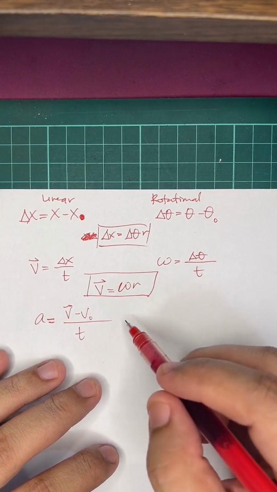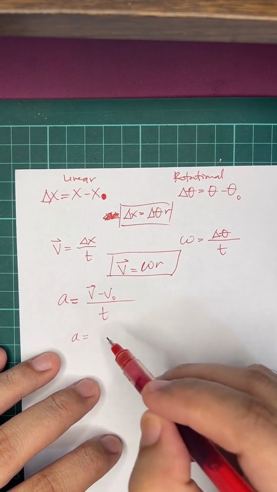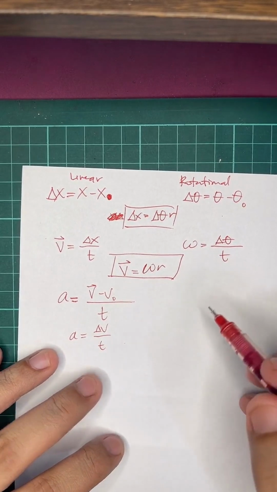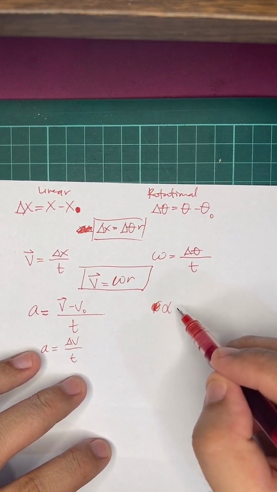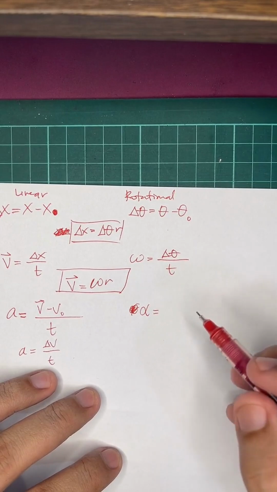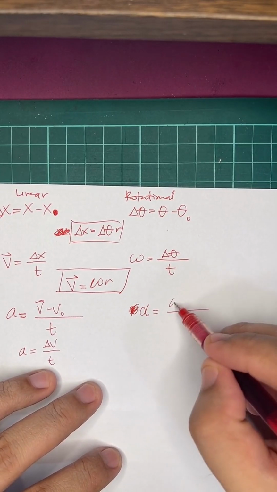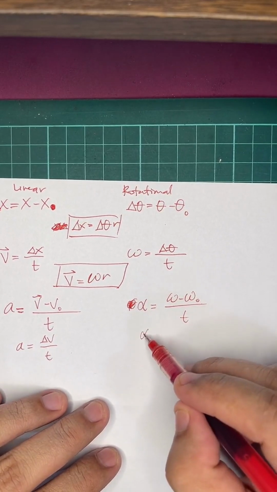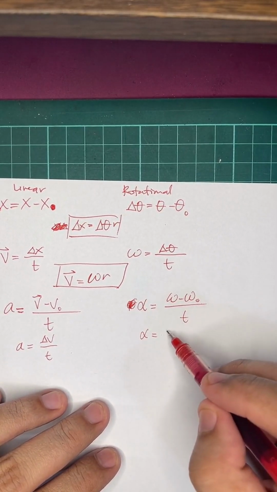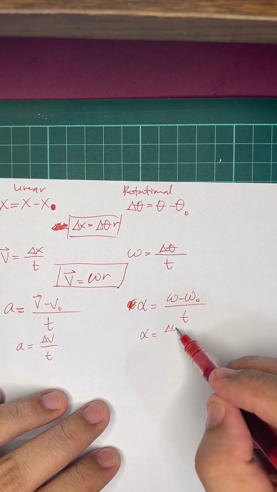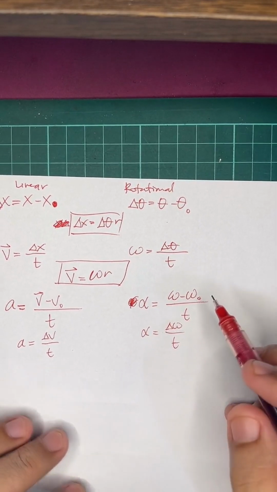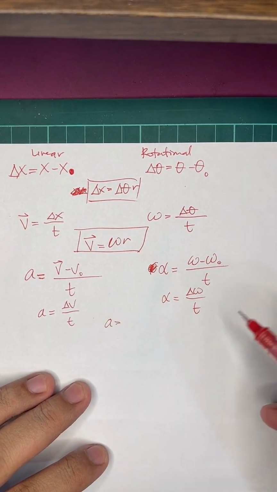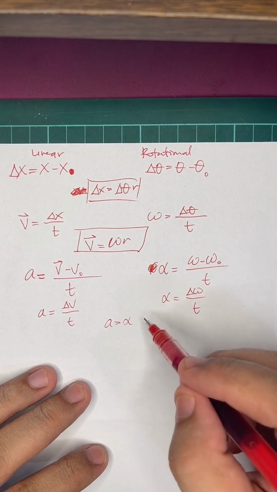Or we could also write it as a is equal to delta v over t. For rotational, we have alpha equals omega minus omega naught over t, or alpha equals delta omega over t. For the relationship, we have a equals alpha r.